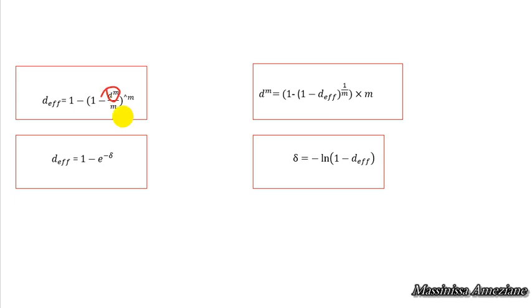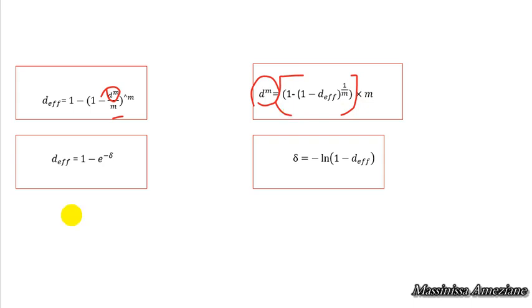Now to convert from effective to nominal, we get dm equals 1 minus d effective, to the power 1 over m, and everything times m. So to get the periodic rate, if we divide this by m, we get the periodic. If it is 12, it means it is monthly.